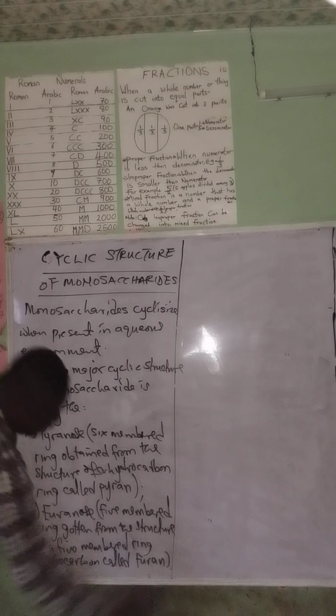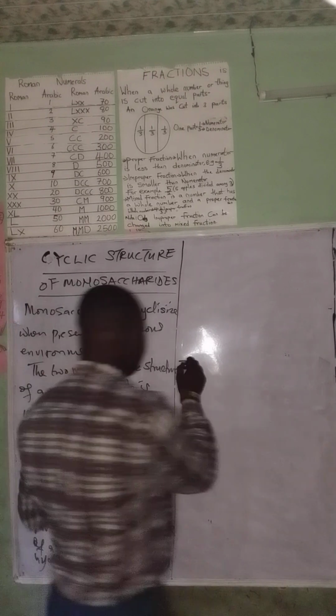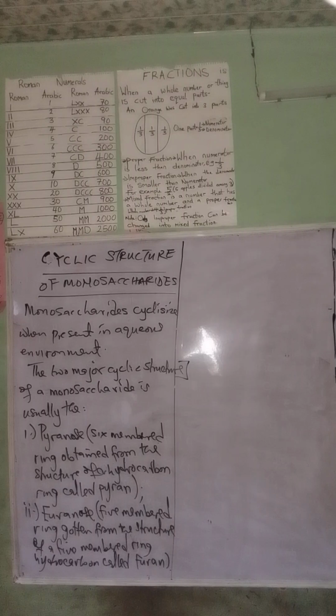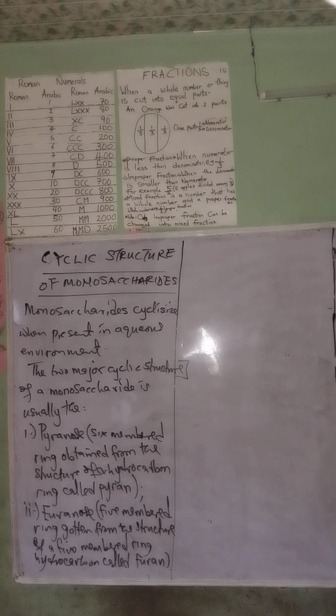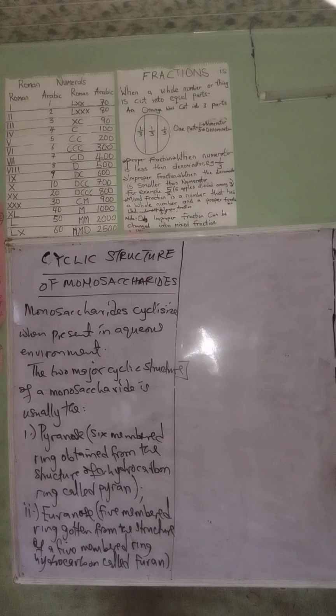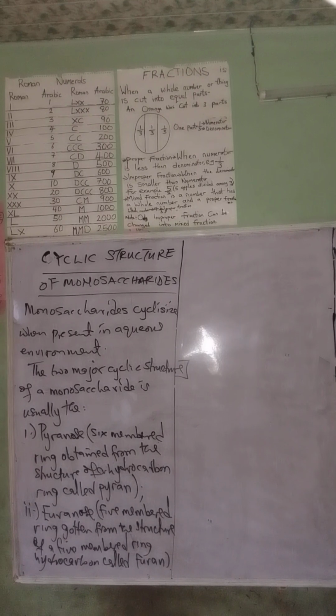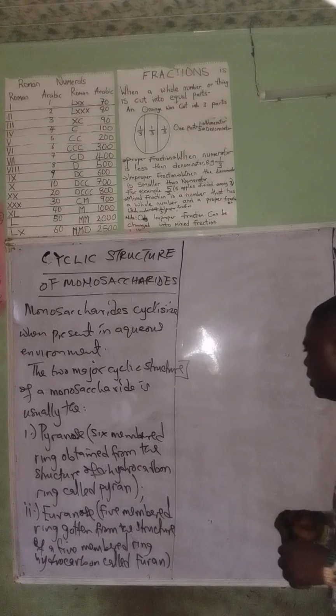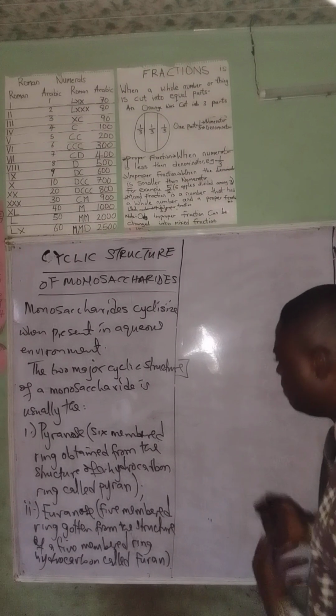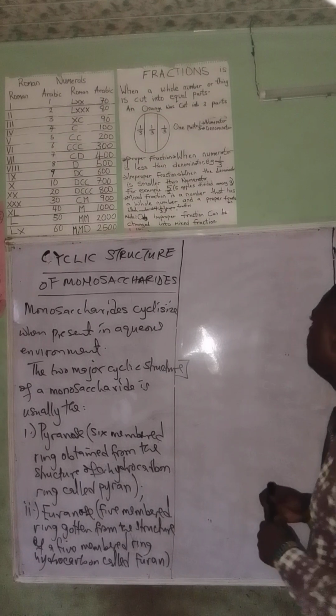You get Furanose from furan and Pyranoses from pyran. Now these two structures were postulated by a scientist called Haworth, and that's what we call the Haworth projection structure. We still have some other rings like boat conformation and envelope conformation. Those are purely biochemistry, so we will not discourage our O-level students and make the work too cumbersome for them.